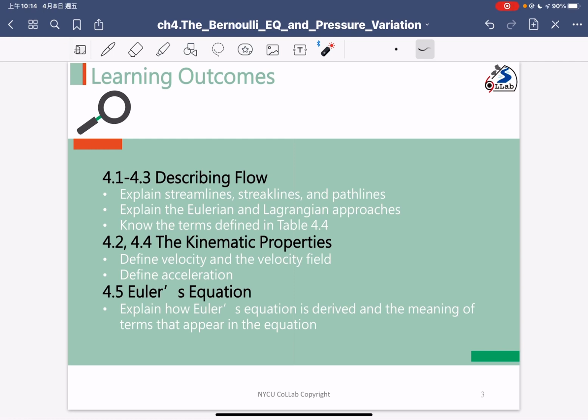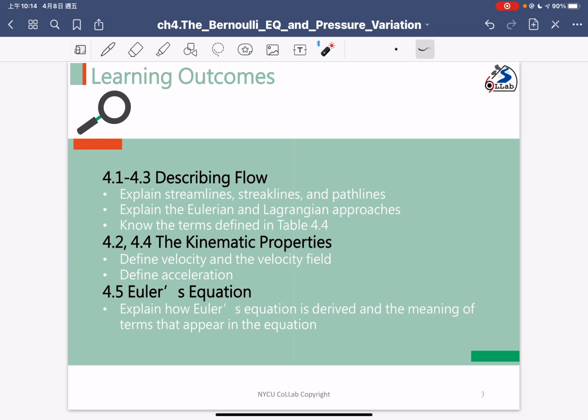And two approaches, Eulerian and Lagrangian, will help us to describe the flow. For the kinematic properties, as I mentioned before, we focus on the velocity and the motions, and then next week we will focus on the accelerations of the fluid particle.